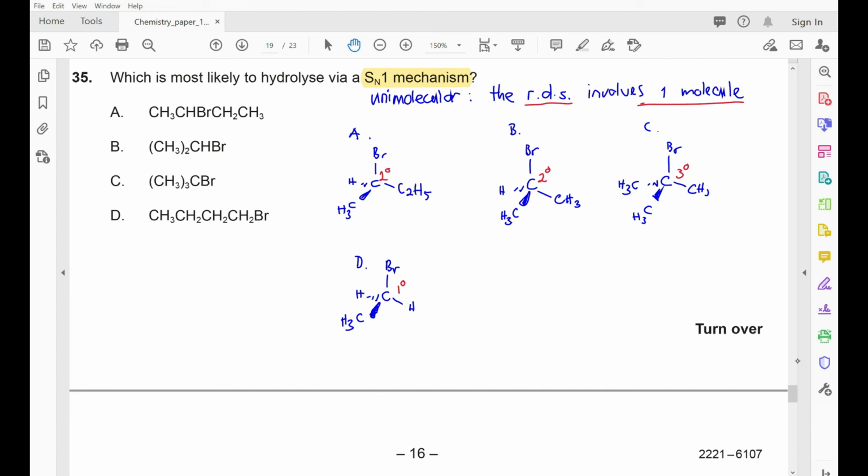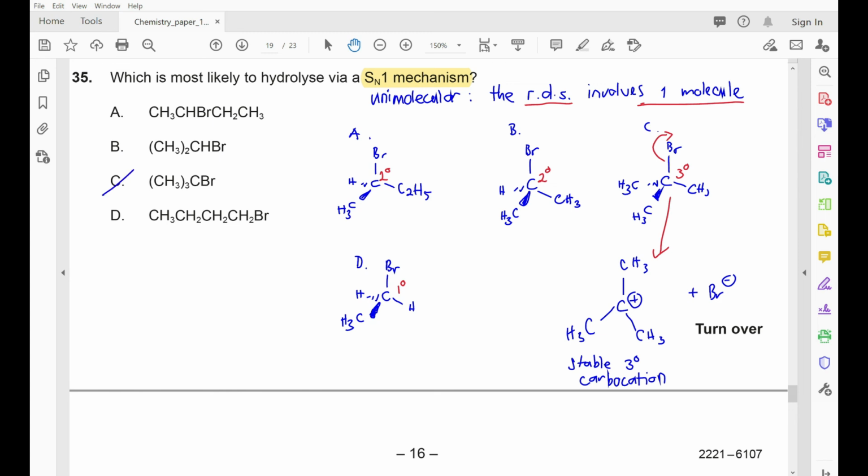The higher the degree, for example, tertiary halogenoalkane, will form a more stable carbocation when bromine leaves. C forms the most stable carbocation, so it is most likely to hydrolyze via SN1 mechanism.